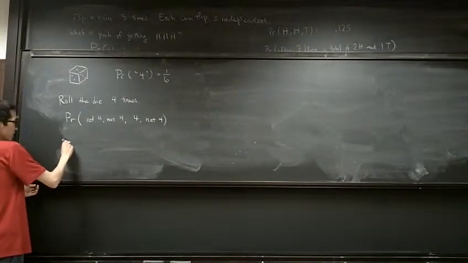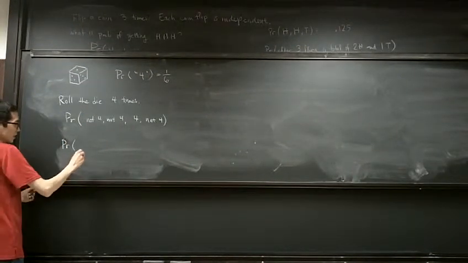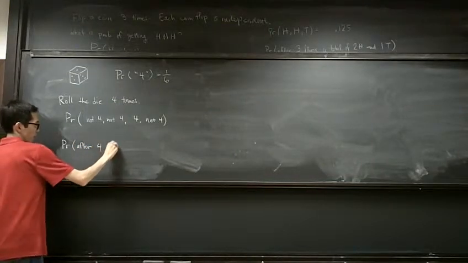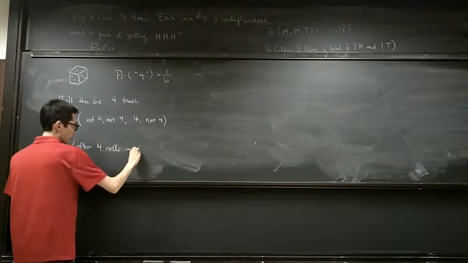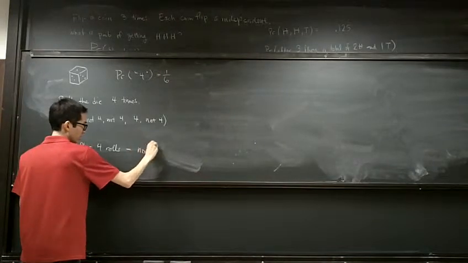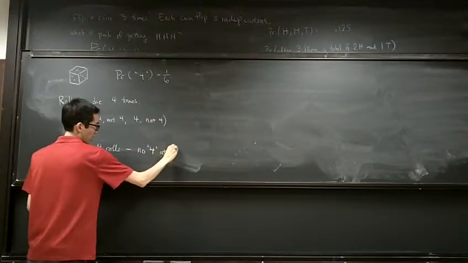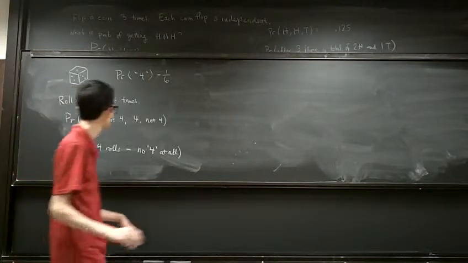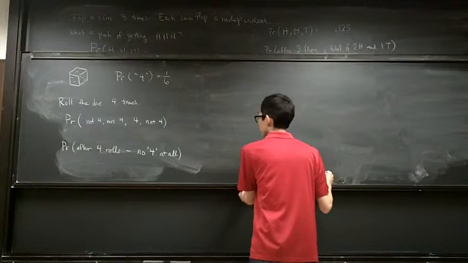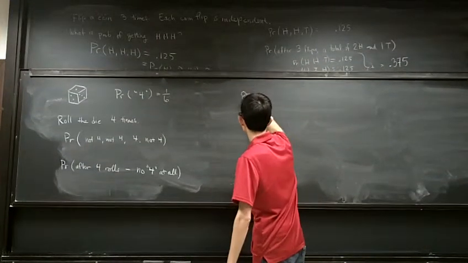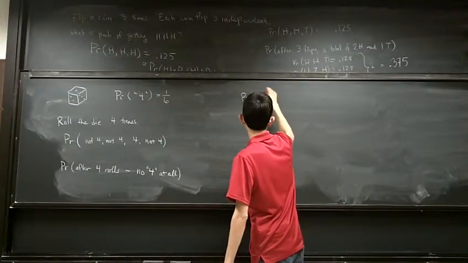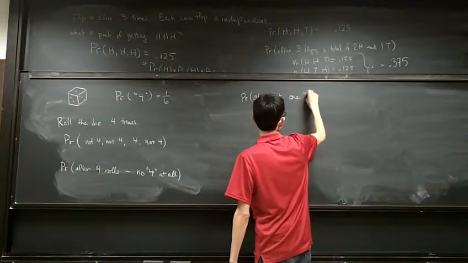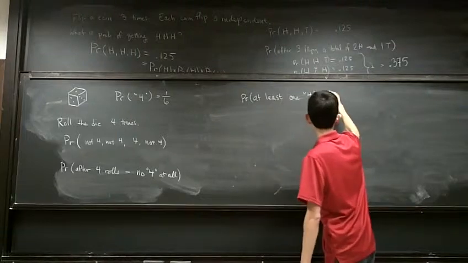What is the probability that after 4 rolls, no 4s at all? Now, what's the probability that I get at least 1 4 after 4 rolls?